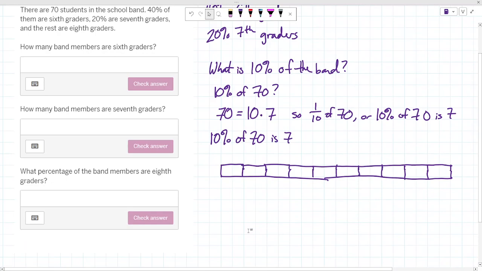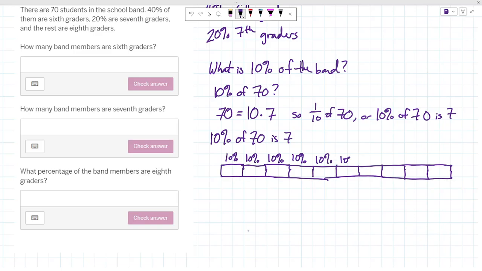Okay, so if these are all 10%, so all of them are 10%. Now let's use this to answer the questions that were asked. So first, how many band members are 6th graders? Well, 40% of them are 6th graders. Oh, and also 10%, that's 7 students. Okay, so each of these represents 7 students. Let's put that in our tape diagram.